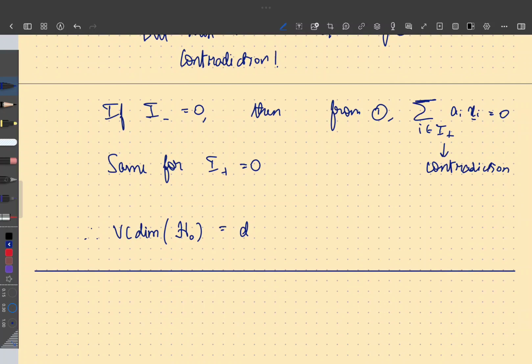The contrapositive would be that if the set can be shattered, then it must have size less than or equal to d. Or maybe I'm missing the question.